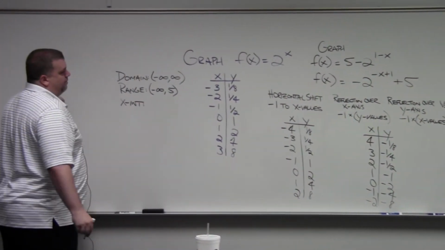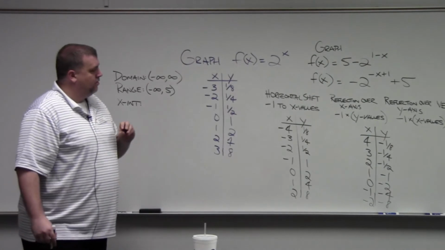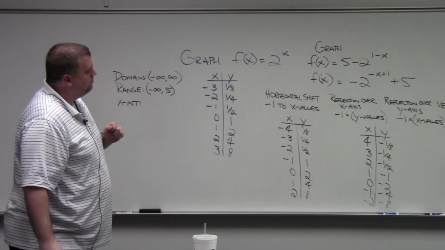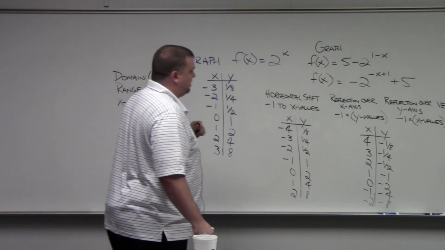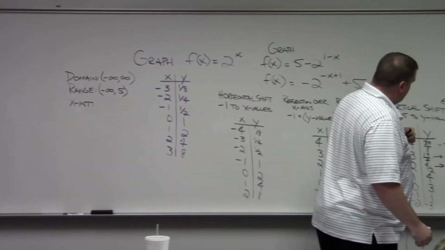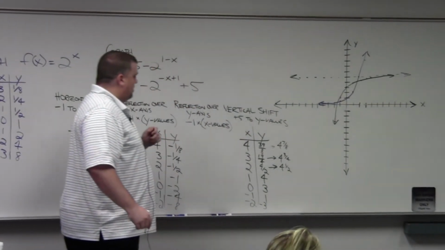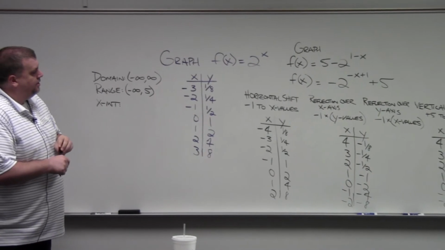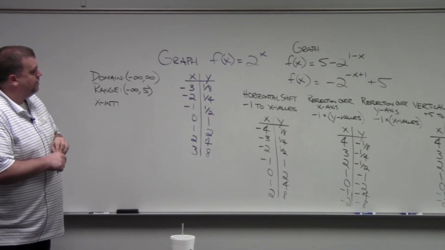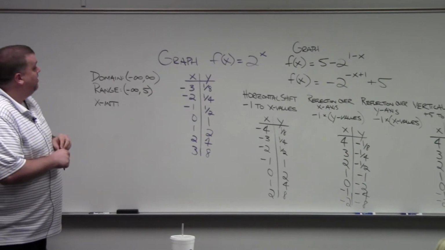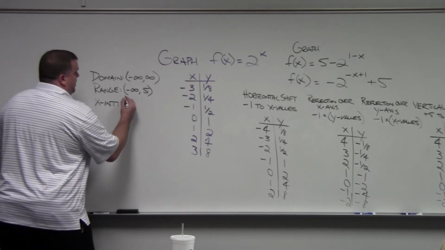What would our x-intercept be? Was there an x-intercept? Yeah, it does cross the x-axis. It's going to be an estimate. We'd have to go into a table and figure that out, or plug in 0 and solve it. We don't really have time for that. So our x-intercept is going to be an approximation.